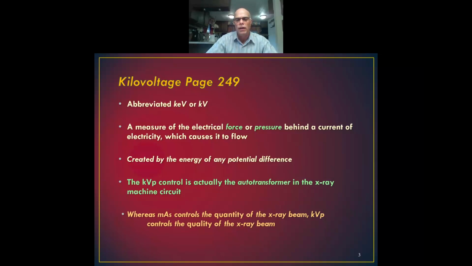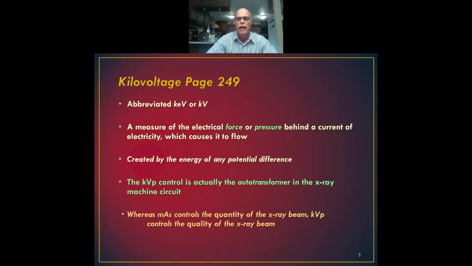And again, I know Dr. Haynes talked about mAs being quantity, being number. It has a direct relationship as far as patient exposure or image receptor exposure. As your mAs increases, the exposure to the plate increases proportionally. Whereas with kVp, it does have an effect on the amount of X-rays being created.